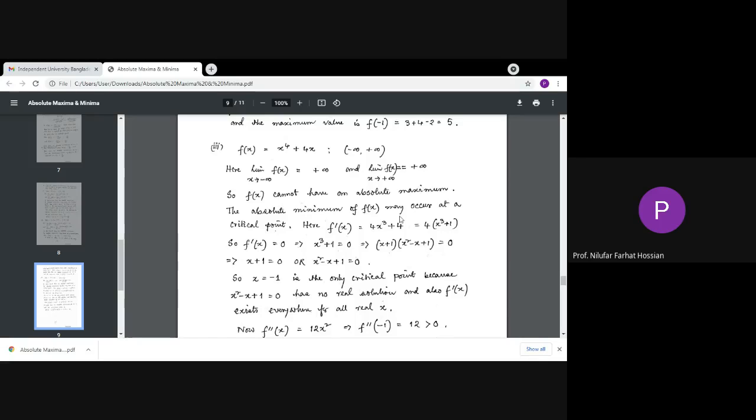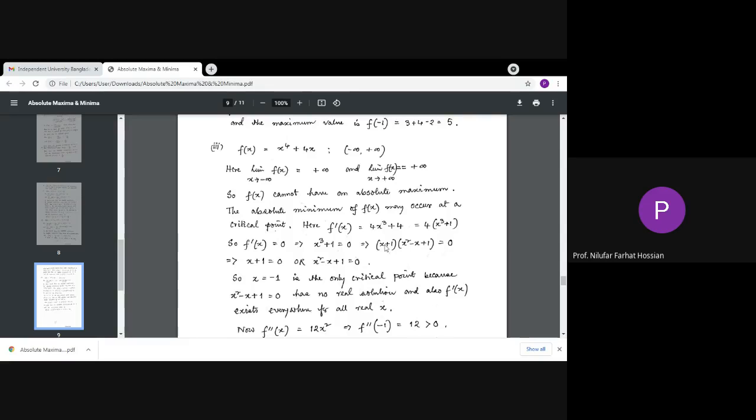Now this derivative is a polynomial function, so it exists everywhere for all values of x. So there remains only one condition, f'(x) = 0. The product of these two factors will be equal to 0, so either x + 1 = 0 or x^2 - x + 1 = 0.